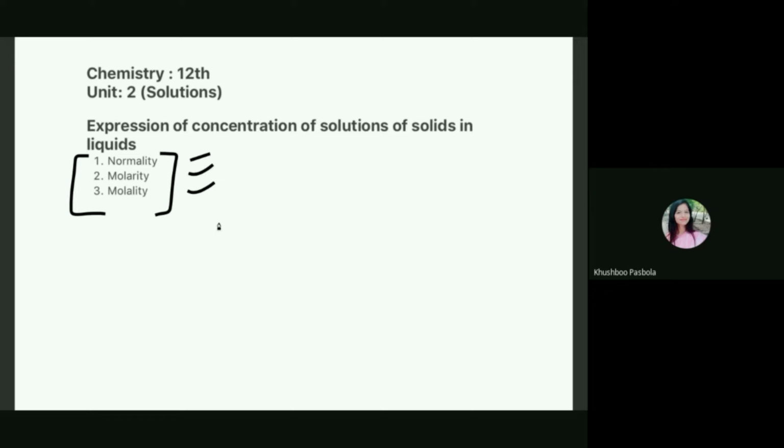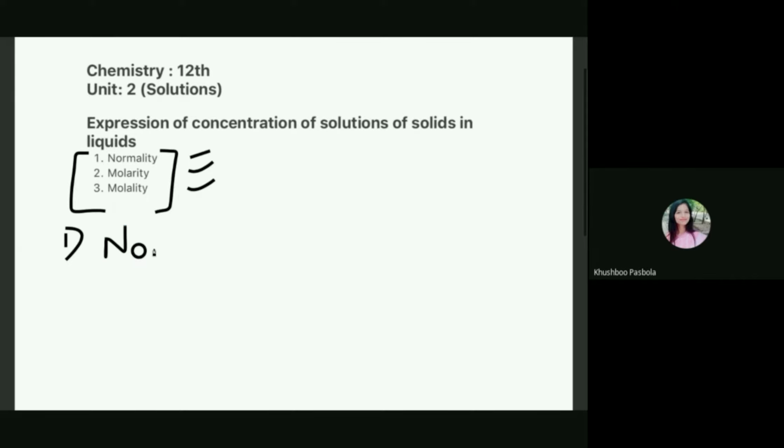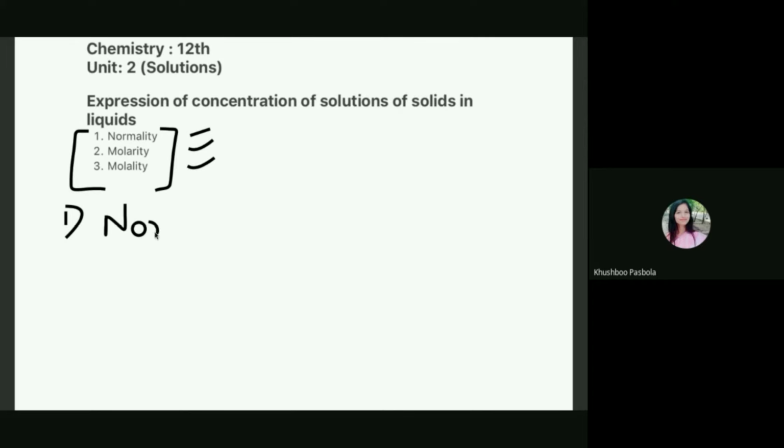Okay. So number one, that is normality. So what is normality? In this, I will explain just the formula of these methods and the definition of it. Normality is something when I talk about the gram equivalent of solute molecule.